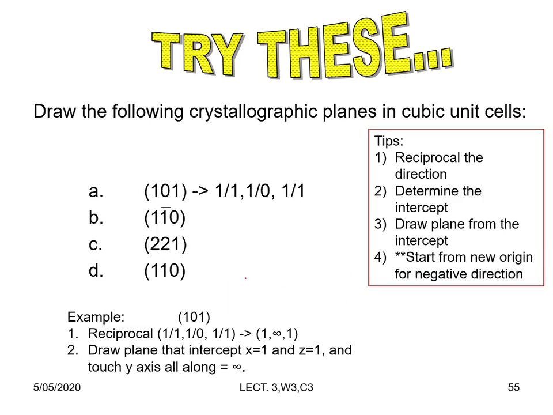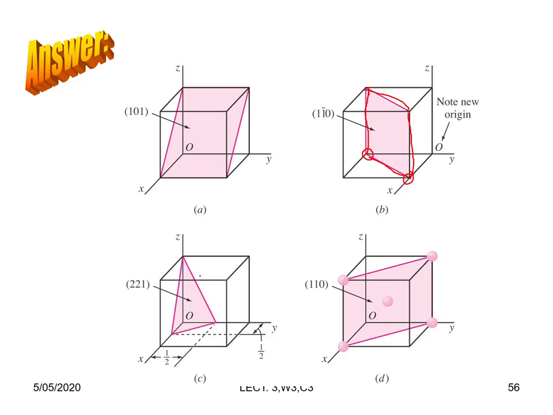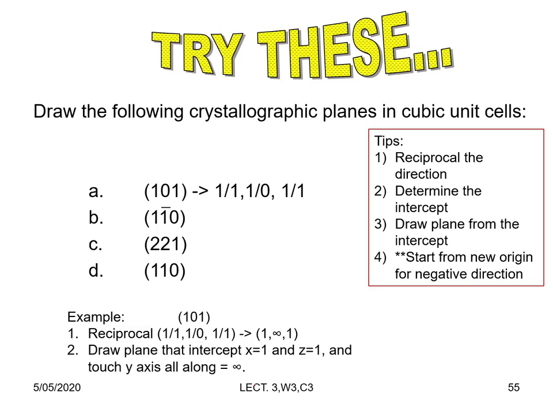Let's see the third example, 2 2 1. We have to take the reciprocal. For 2 2 1, it is 1 over 2, 1 over 2, and 1 over 1.